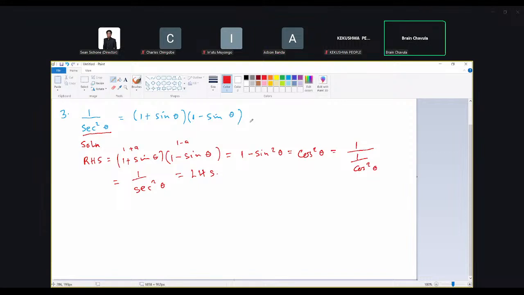So, sir, can you start from both sides? Of course, you can start from both sides. Now, you have to start from one side, of course, because you can't do both sides at the same time.